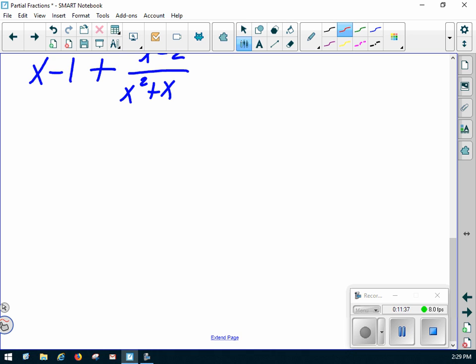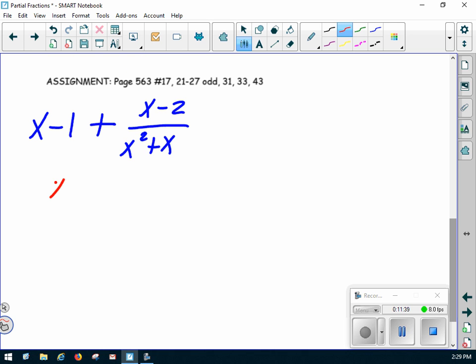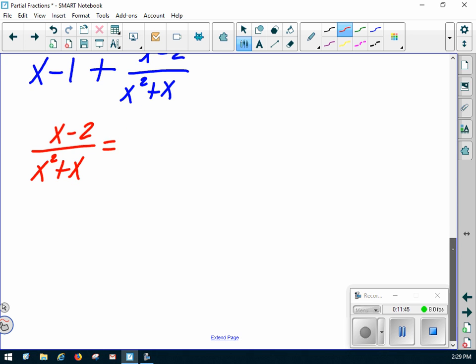That's not what I wanted. X minus 2 over x squared plus x. How do I do a partial fraction on that? Good. We're going to factor that denominator with a GCF.